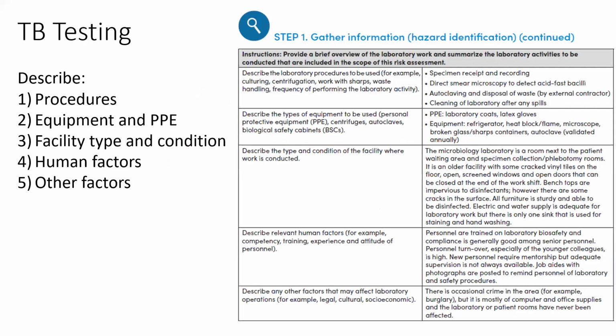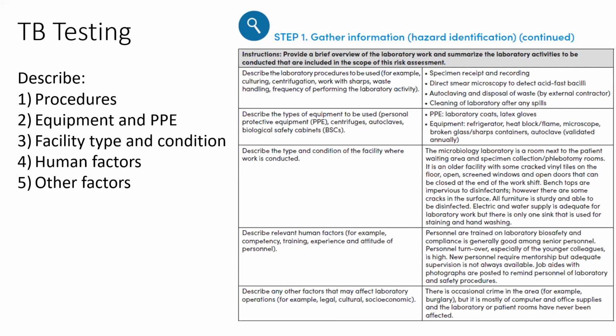So the next thing we're going to do, gathering information, we're going to describe all the procedures, the equipment and PPE, the facility type and condition, human factors involved, and other factors. We went through this before the break, but you can see an example of what it looks like in short form. Laboratory procedures include specimen receipt and recording, direct smear and microscopy, autoclave and disposal of waste.